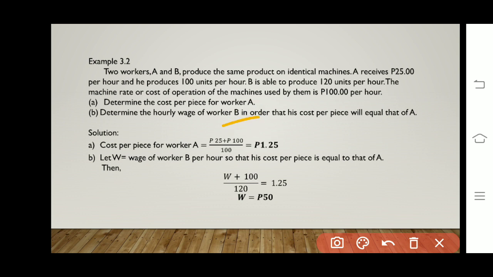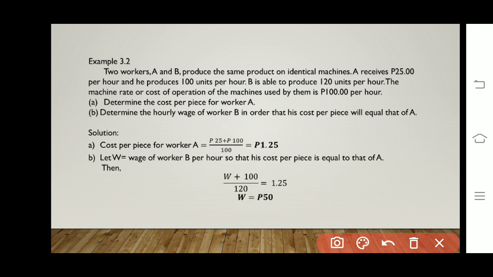So, pagdating naman dun sa tanong sa letter B, determine the hourly wage of worker B in order that his cost per piece will equal that of A. So, para maging pareho yung magiging gastos dun sa worker A per unit and kay worker B per unit, ang gagawin natin, same lang nung formula dito kay A. Yung sahod niya per hour, i-plus natin yung gastos sa operation ng machine, then ilan yung units niya per hour.